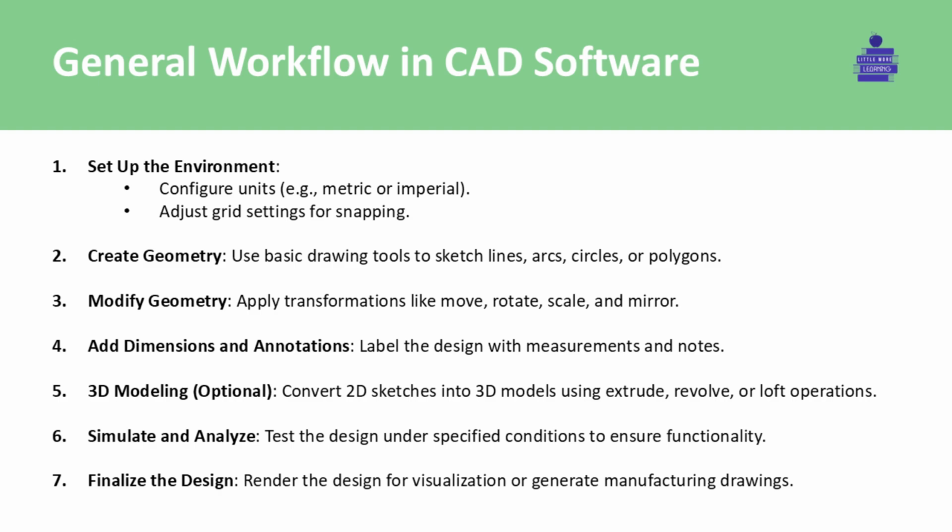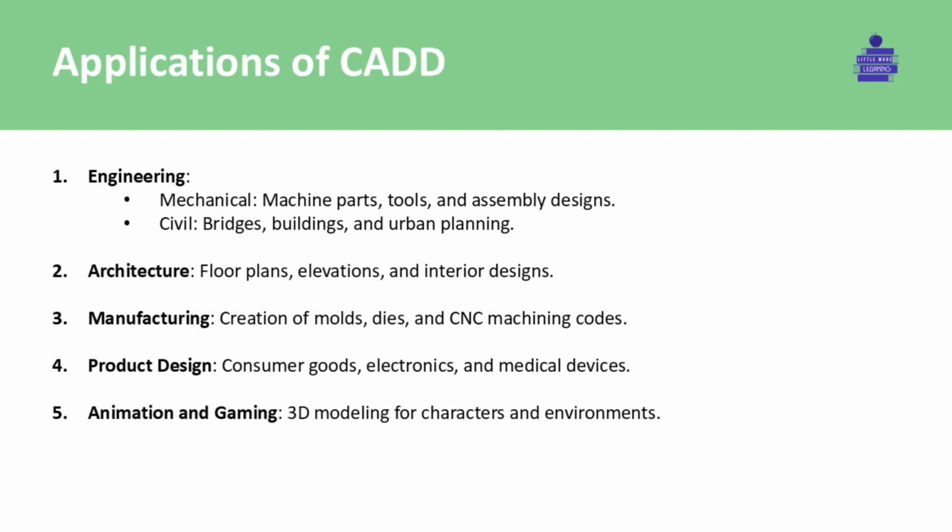If we're working in 3D, we can transform our 2D sketches into three-dimensional models. It's like bringing our flat drawings to life. Then comes the crucial testing phase through simulation and analysis, and finally, we render our design for presentation or create manufacturing drawings.